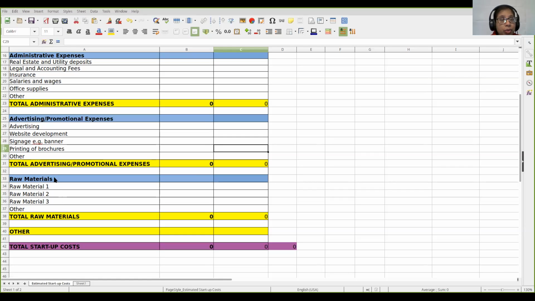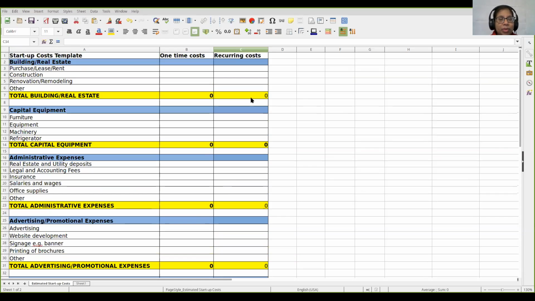And let's say you have a business that sells food, and you have raw materials or ingredients that you need to prepare the food. That would be classified as a raw material or ingredient, and that would be something that you buy regularly, a recurring cost.